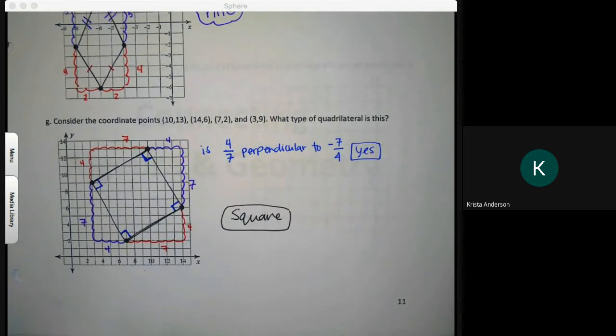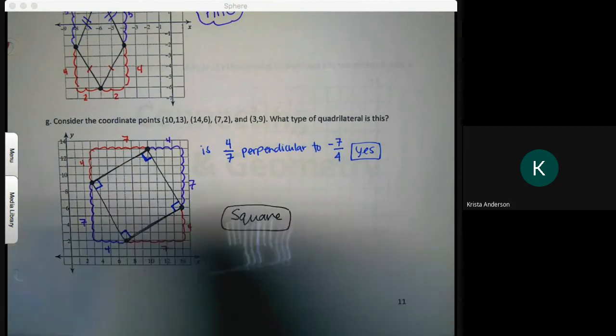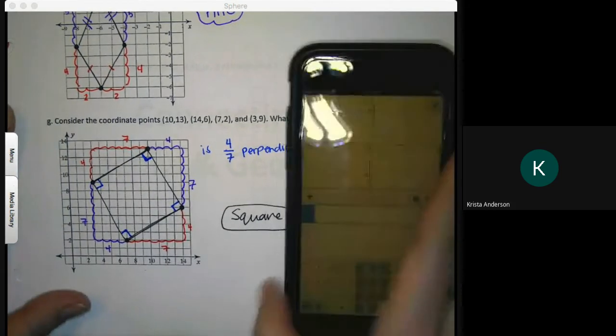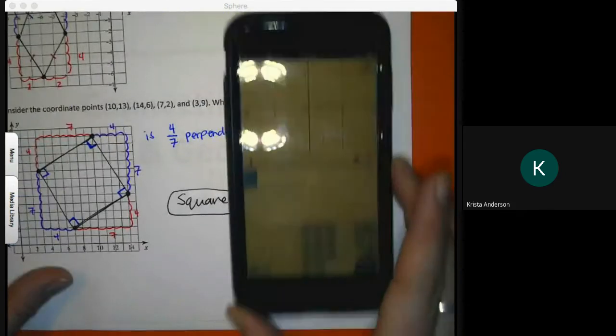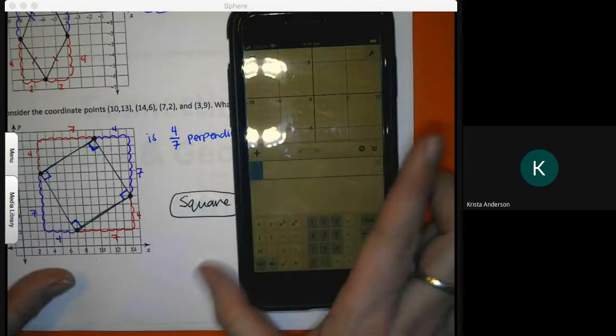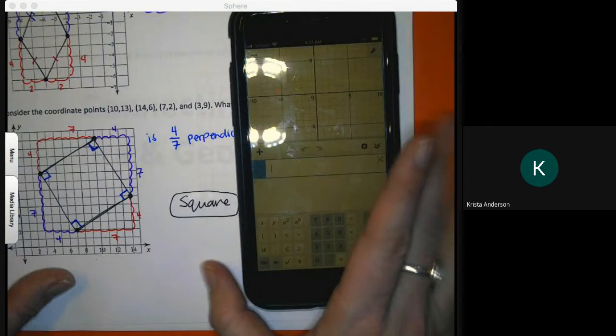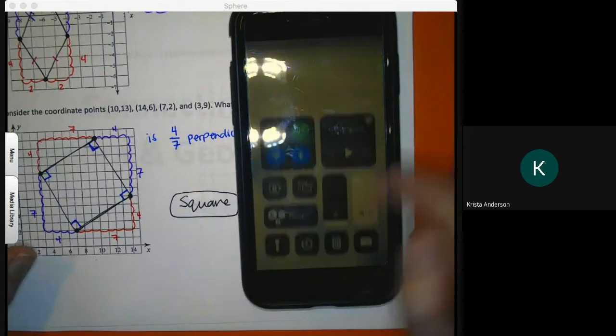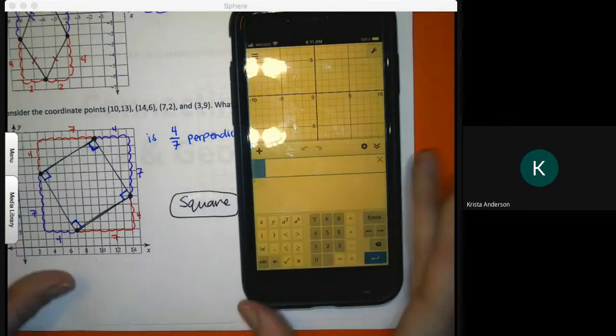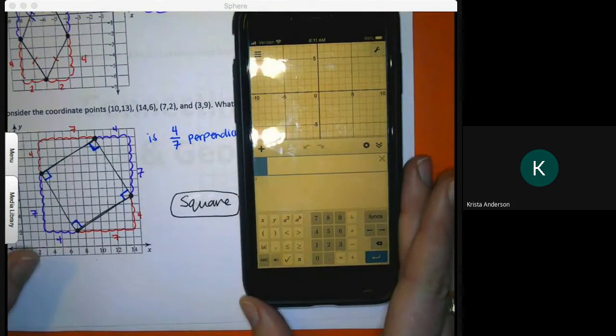Now, when you do this on your assignment, do any of you have the graphing app, or you can grab it on Desmos, graphing? You can type in the points.